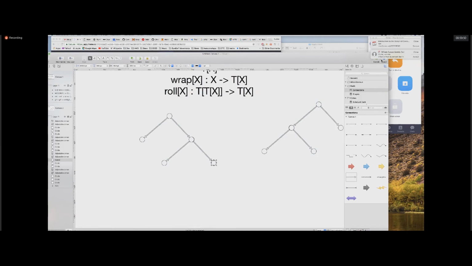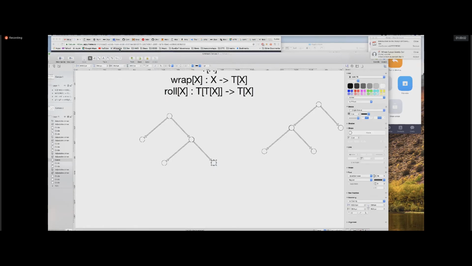Let me, so I'm going to represent a tree context like this. So here is a tree with a hole in it.